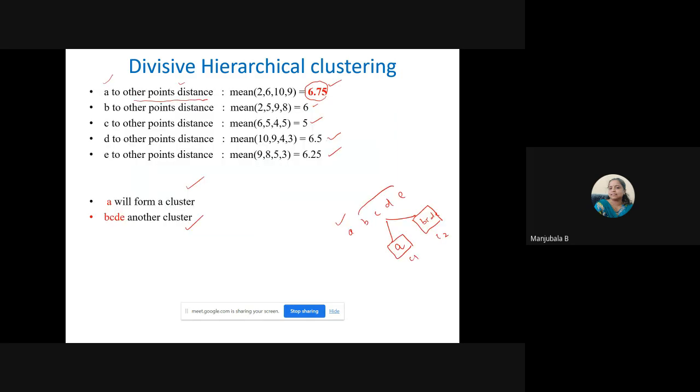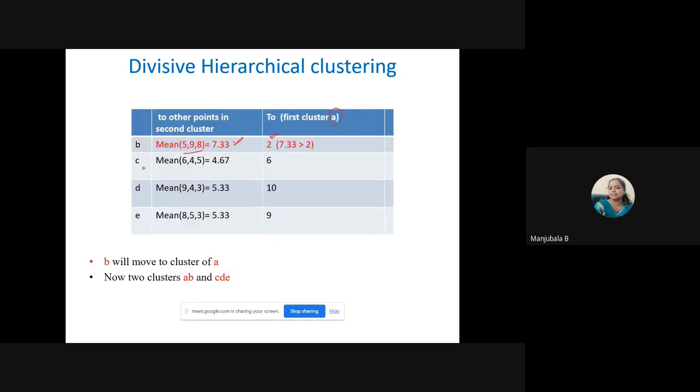That means in this cluster B, C, D, E, there is a possibility that any point from this cluster will come to cluster A. So you follow the same. You calculate for C the remaining 3 points within the same cluster, and you will get 4.67. D to the remaining 3 points, 5.33. E to the remaining 3 points, 5.33. So this is less than, this is less than, this is less than.